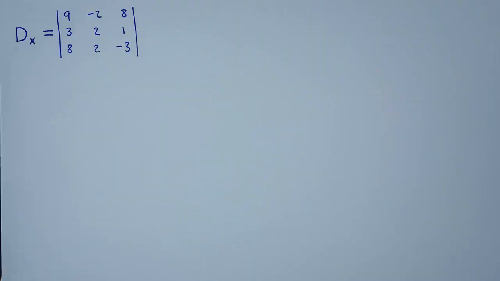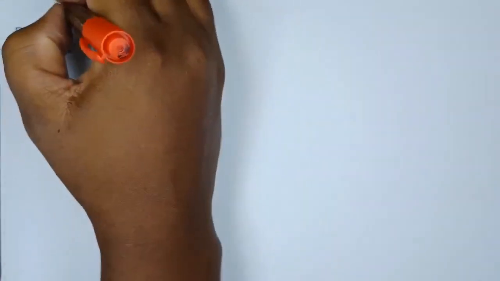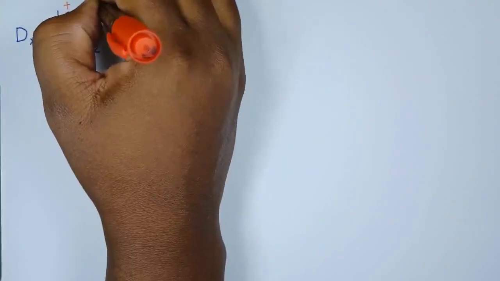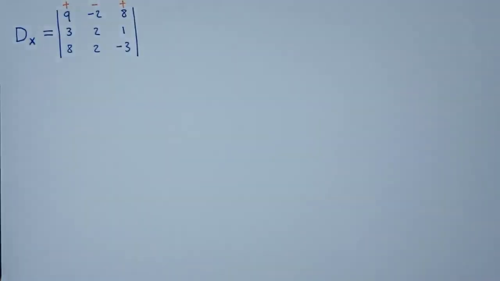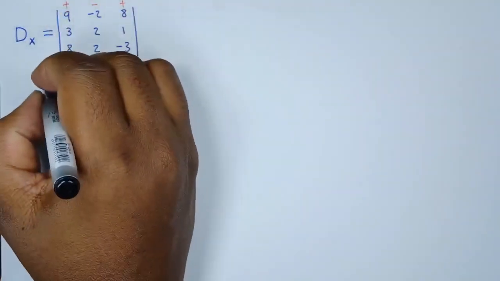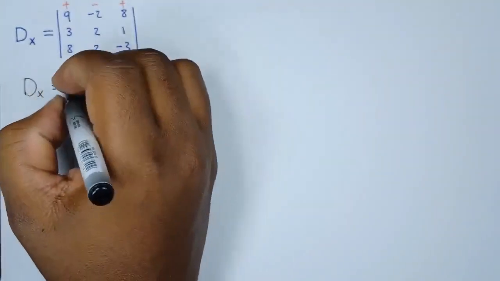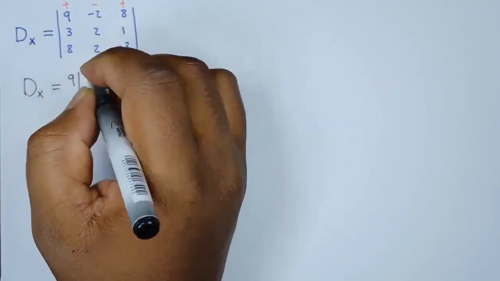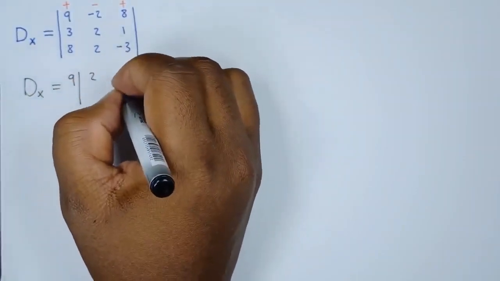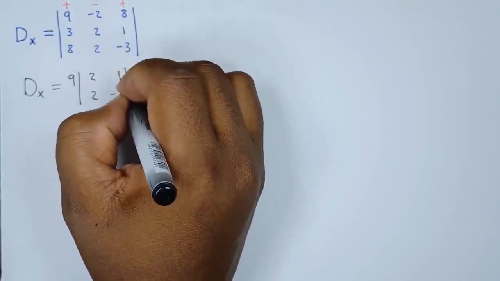So let's start with dx. So we're going to do exactly what we did in the previous determinant. So this is a plus, this is a minus, this is a plus. Then the next step will be to list down everything that we have. So we have 9, this dx. We have 9. The 2 by 2 formed will be 2, 1, 2, negative 3.